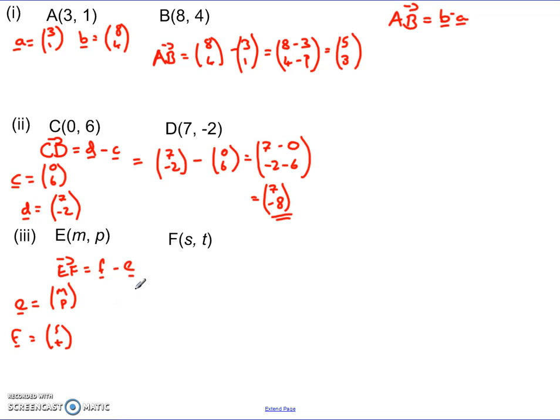So now we substitute in, and we get our answer. So we do F, which is (s, t), take away E, which is (m, p), and what we end up getting is s take away m, and then t take away p. Now we've no values to substitute in at this point, so we just leave it like that as our generic position vector.